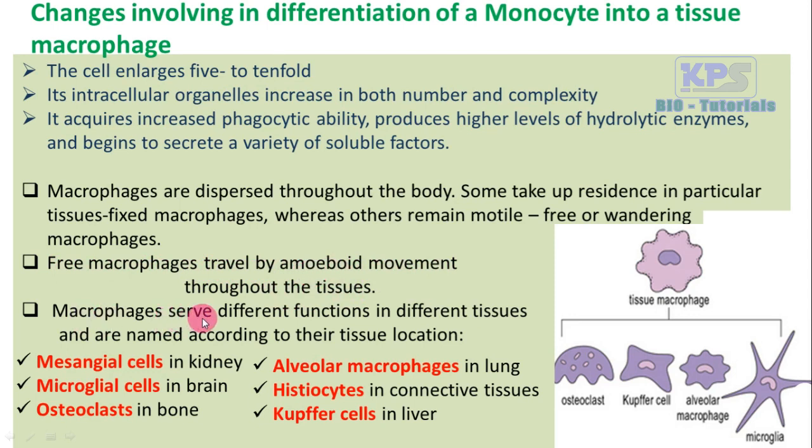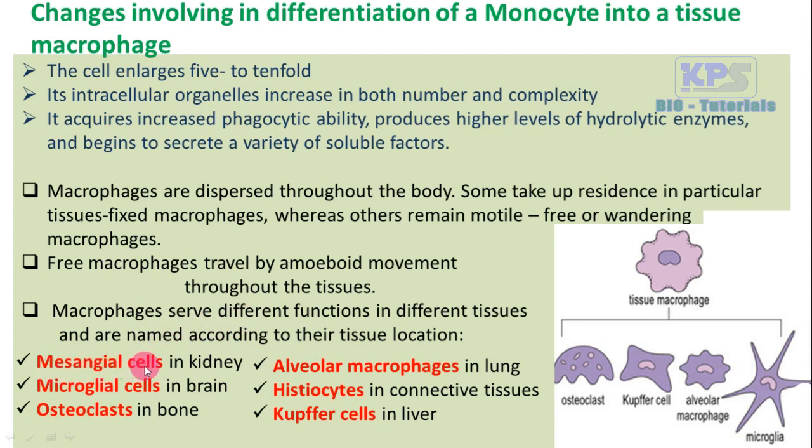Then macrophages serve different functions in different tissues. They are named according to their tissue location. That means they are fixed, present solely in particular tissues. According to the tissues in which they reside, they are named.